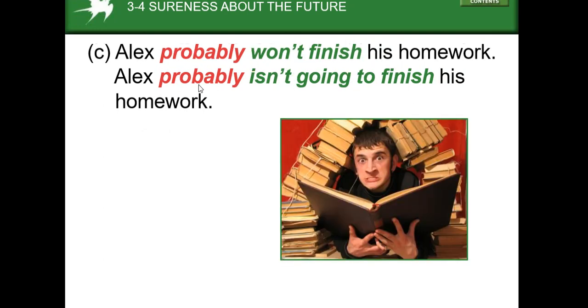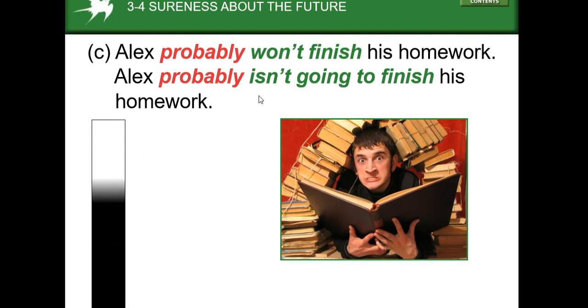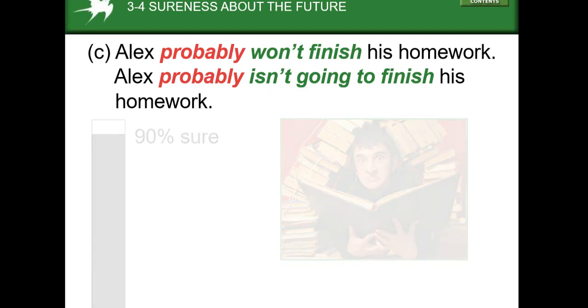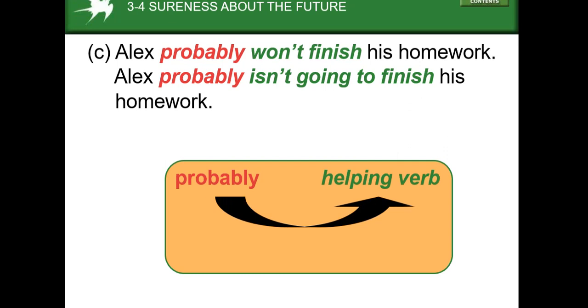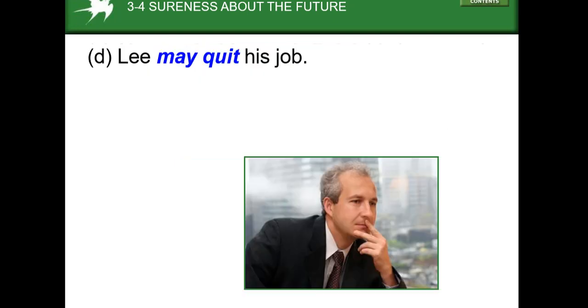When you are using it in negative, probably goes in front of the negative word, okay? So let's continue. Now, if you want, you can write some sentences in your notebook and practice this. Write some similar sentences to practice, people. You can stop the video and do it.